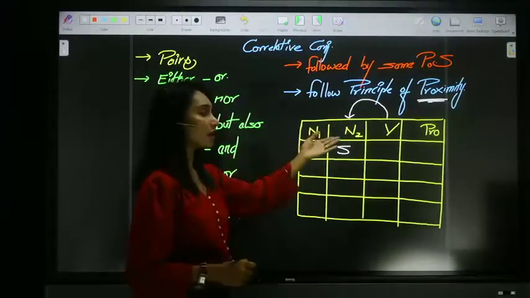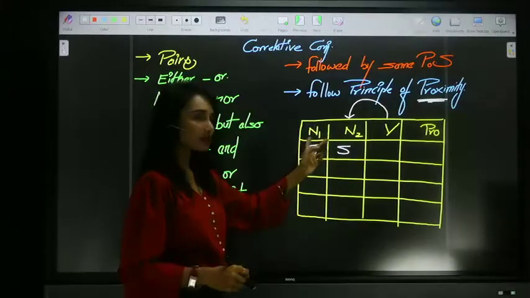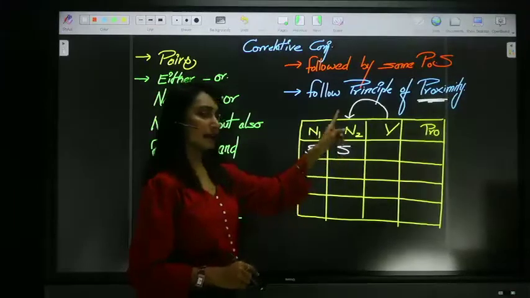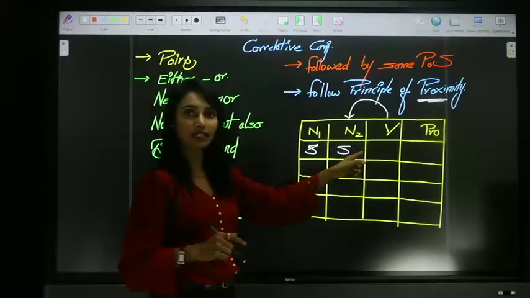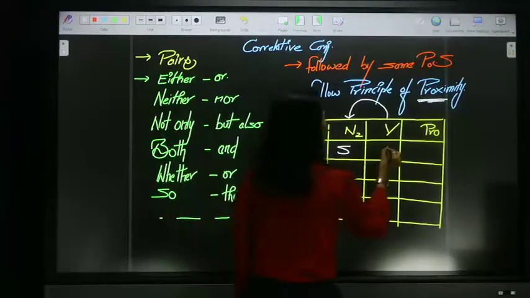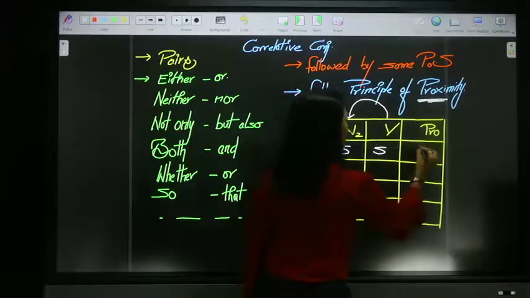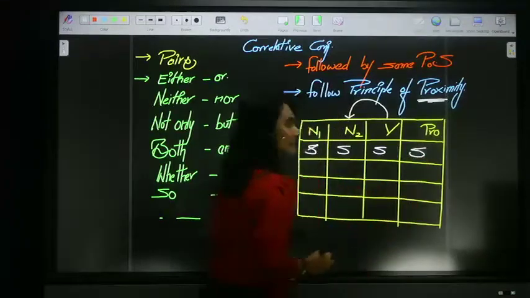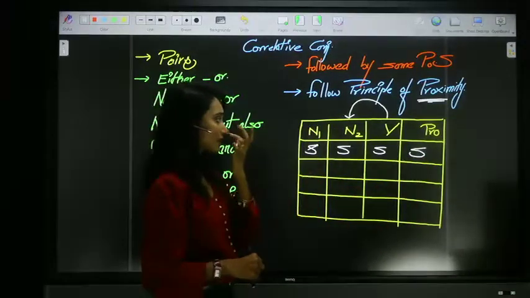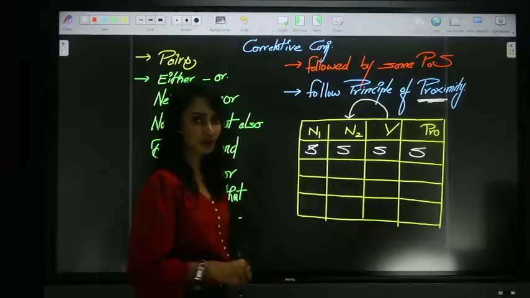What do you mean by proximity? Nearby, closeness, right? Only two nouns are there, so the nearest is noun 2. If noun 2 is singular, verb must be singular. If verb is singular, obviously pronoun will be singular. So if first noun is singular and second noun is singular, verb must be singular and pronoun must be singular.